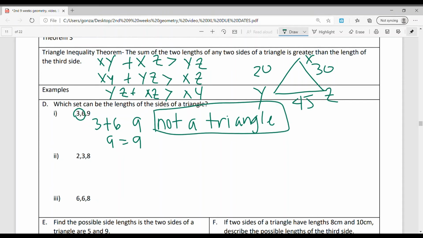Okay, and the next one, 2, 3, and 8. So I'm going to add sides 2 and 3. So 2 plus 3 and 8. So 5 and 8. 5 is less than 8. So again, this is not a triangle.